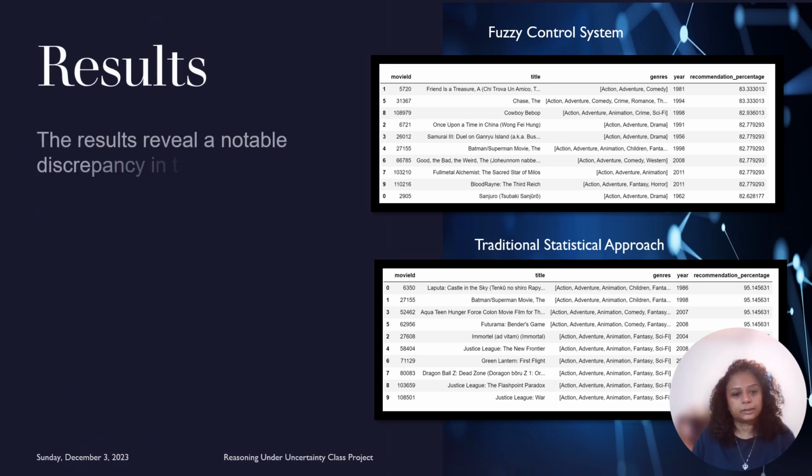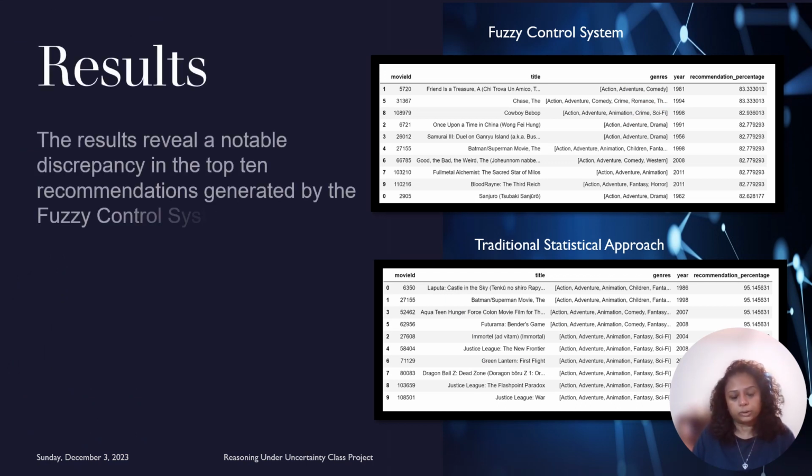Now let's discuss the results that we got from both the fuzzy control system and the traditional statistical approach. Our analysis reveals a notable discrepancy in the top 10 recommendations generated by the fuzzy control system and the statistical approach. This discrepancy is likely attributed to difference in the number of features considered by each approach.